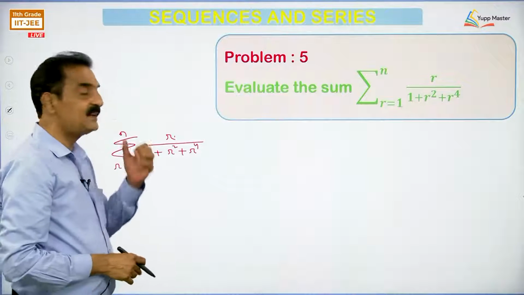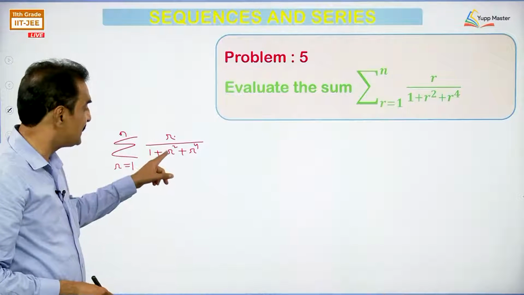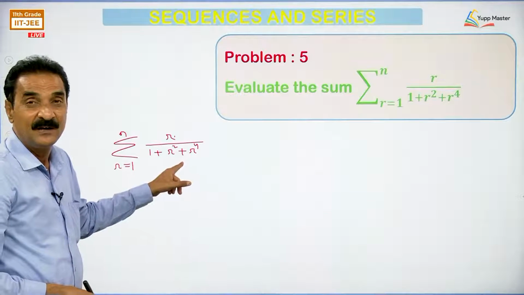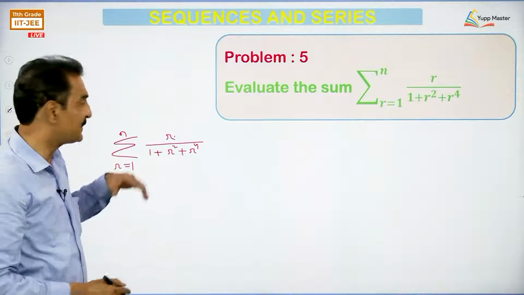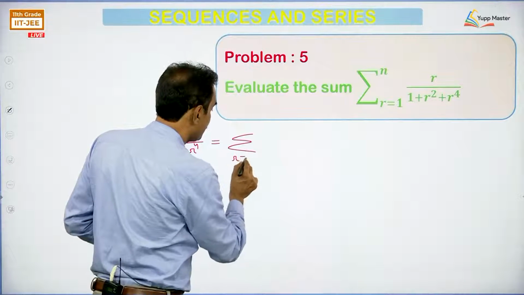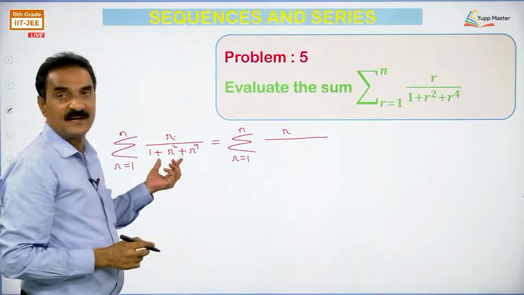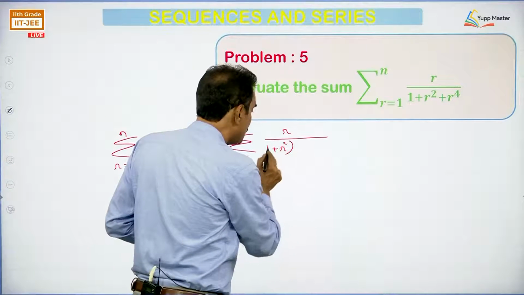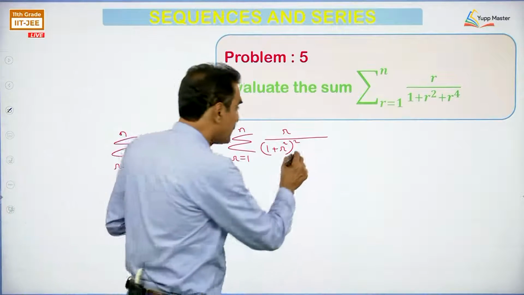So, how to factorize the denominator? If you add r square, this becomes a perfect square. 1 plus 2r square plus r power 4 will be 1 plus r square whole square. So, I will add r square and subtract r square. Adding r square, it becomes 1 plus r square whole square, a perfect square, and subtract r square.